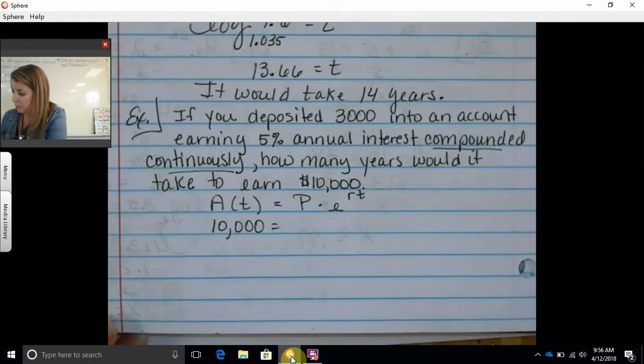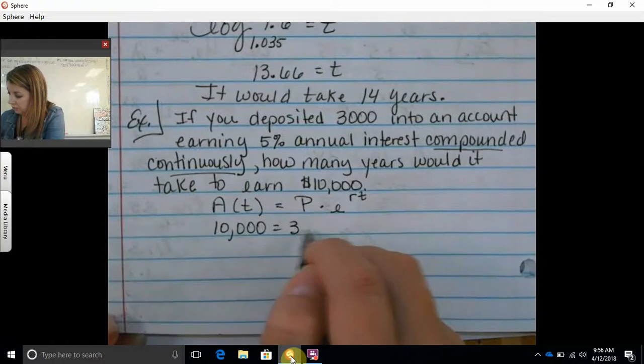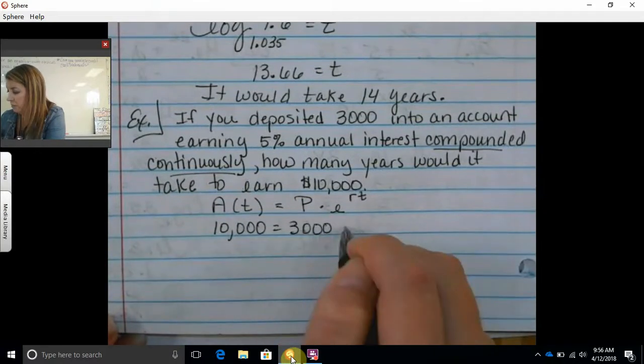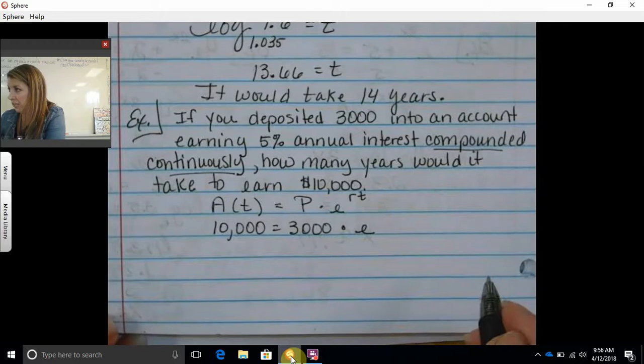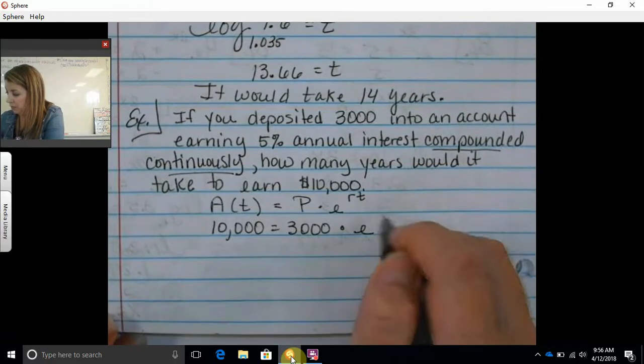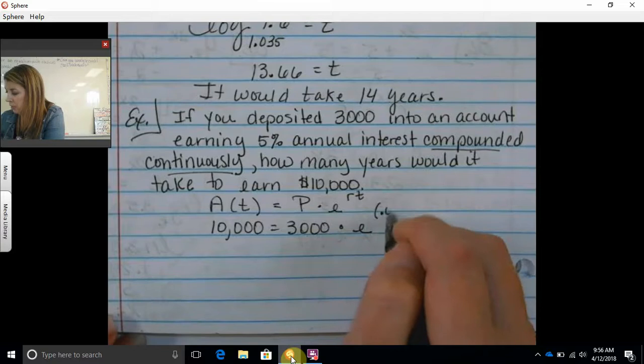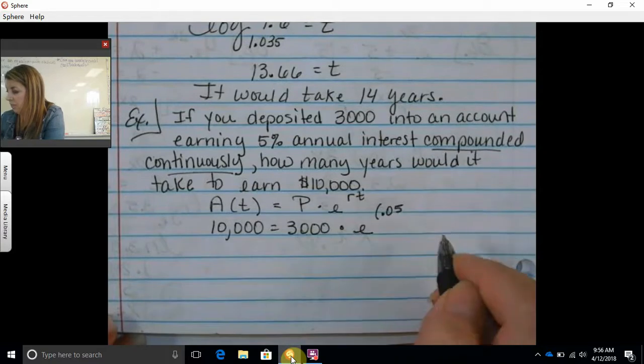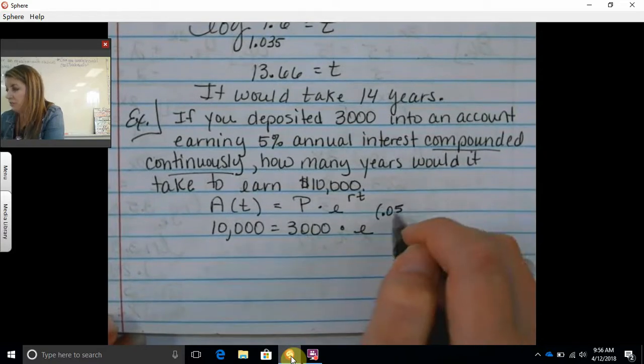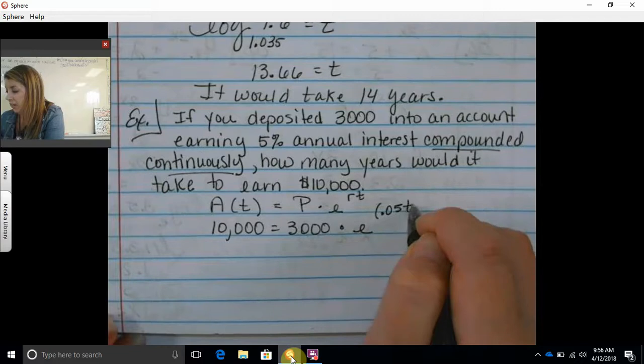Equals, what's my principal? 3,000 times e. You don't plug anything in for e, raised to the rate, which is 5%. What will I put for that? 0.05. Do I know time? That's what I'm trying to find. So 0.05 times t is just 0.05t, correct?